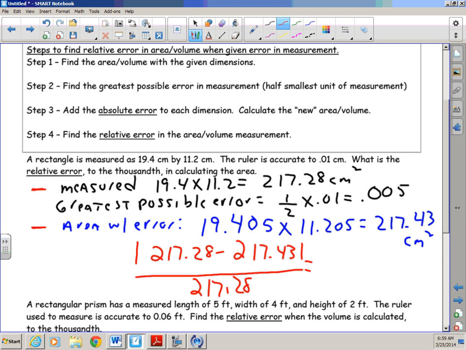Wish I had a pause button on this thing. Okay. And yeah, I did have it correct. It comes out to 0.1237.